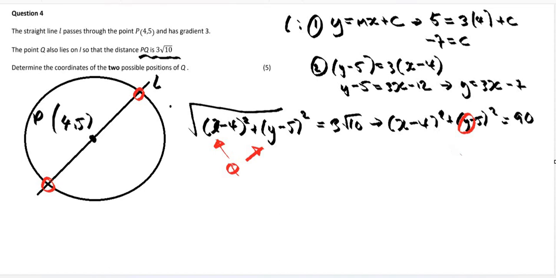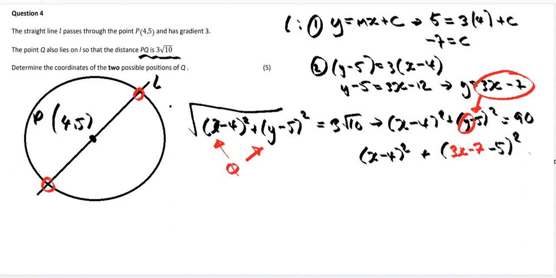So I know that 3x minus 7 is equal to y. So I'm going to sub that in. Instead of y in this bracket, I'm going to write 3x minus 7. Now it has become x minus 4 squared plus 3x minus 7 minus 5 squared equals 90.